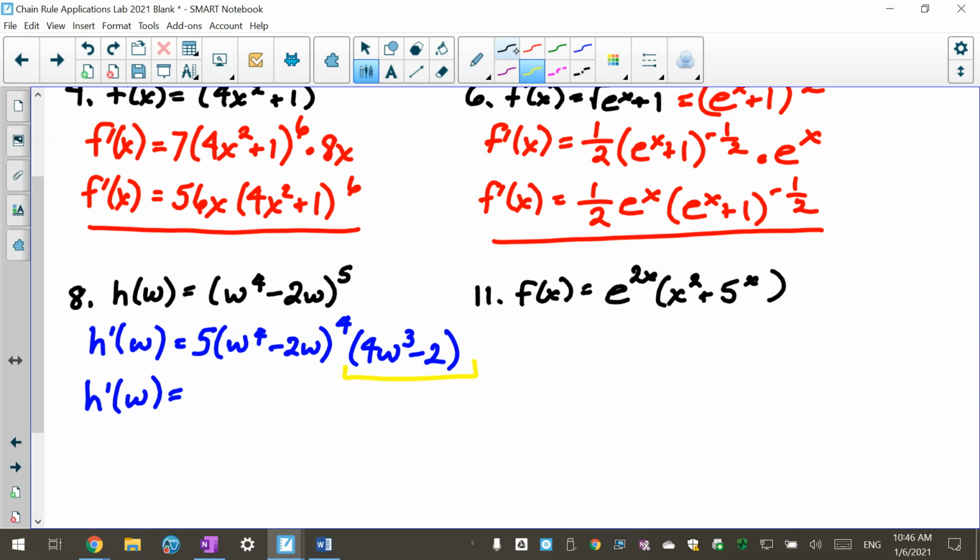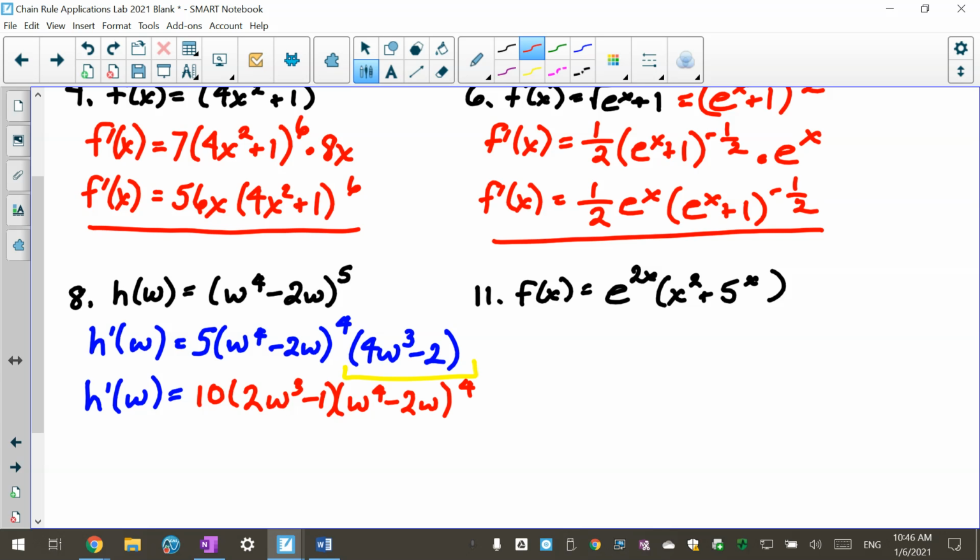So I factored a 2 out. So I've got 10, and then when I factor a 2 out I have 2w cubed minus 1. And then I write this one here at the end.